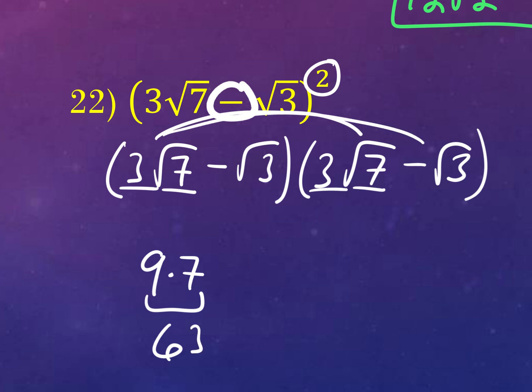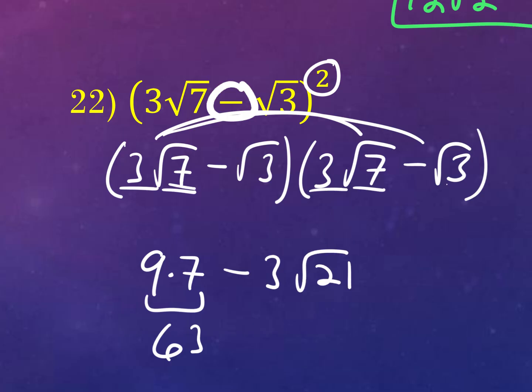And then now let's do 3 square root of 7 times negative square root of 3. All right, so these you need to be very careful, guys. This is where a lot of people make a lot of little mistakes. What multiplies here when you do this term times this term? Good, the inside. So 3 square root of 7 times square root of 3 is just going to be minus 3 square root of 21.